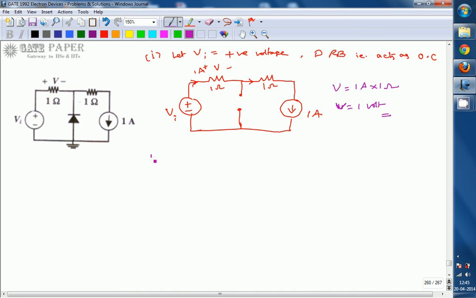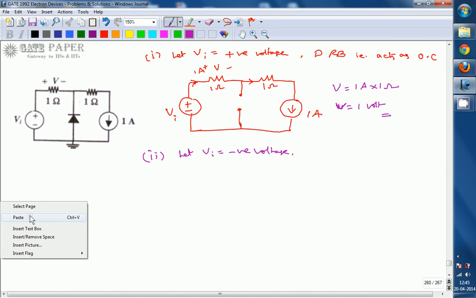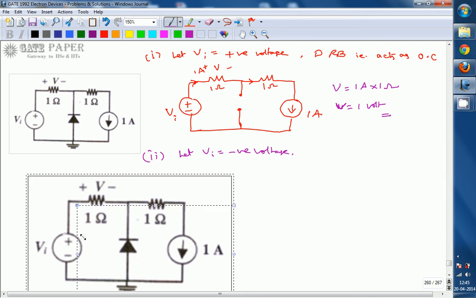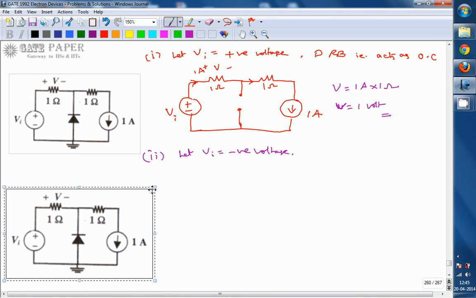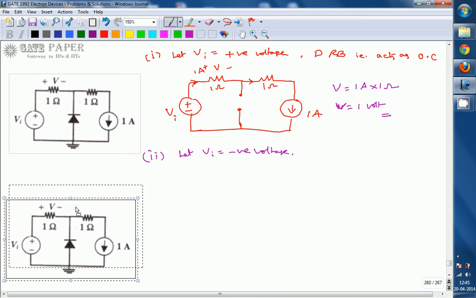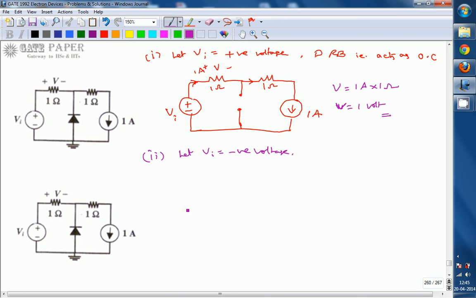For the second case, let Vi be some negative voltage that you are applying. Then you are going with this circuit. Here it is minus and plus.